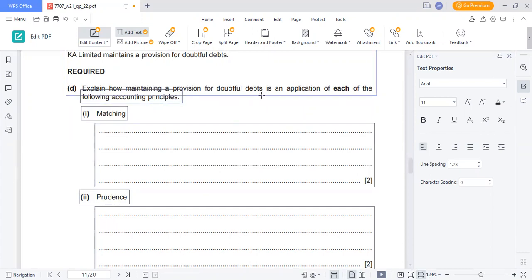Provision for doubtful debt is an expense, so it will be included in the income statement. Income statement items always show the matching concept. And provision for doubtful debt is also included in the statement of financial position, and all statement of financial position items show the prudence concept.